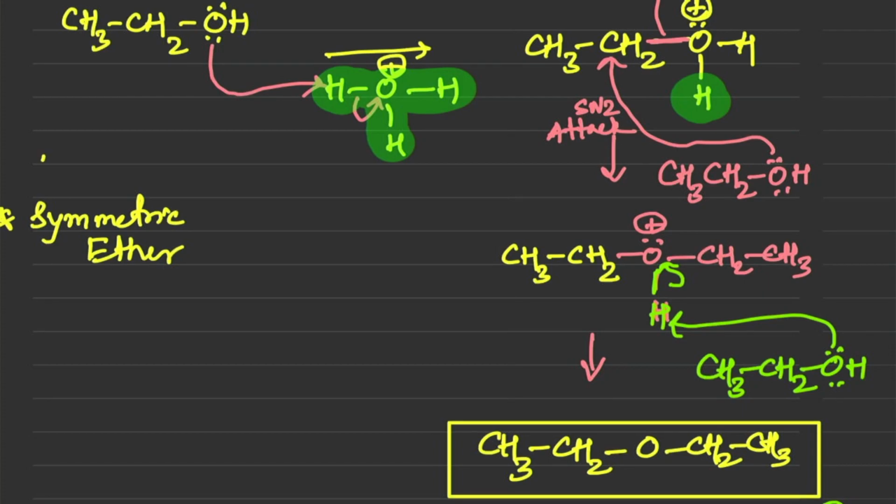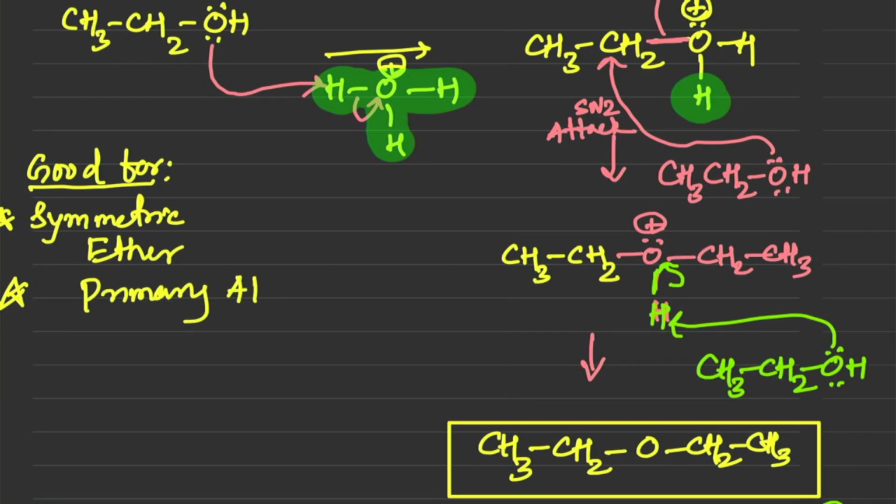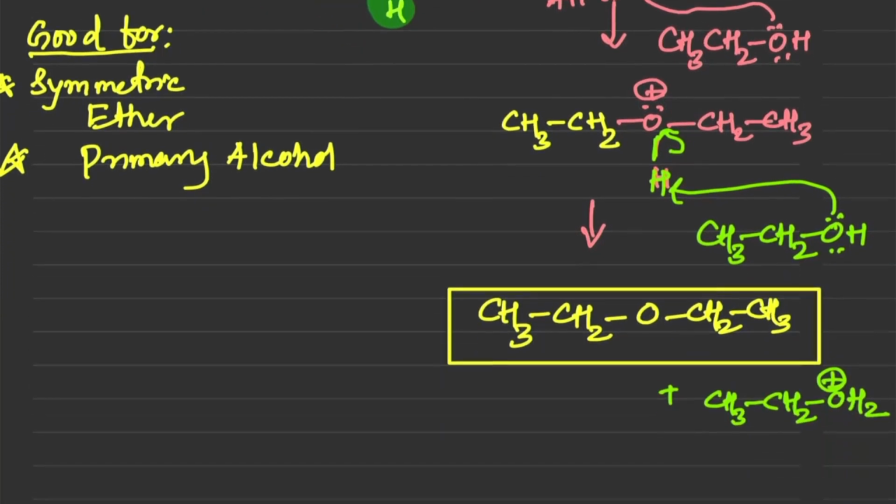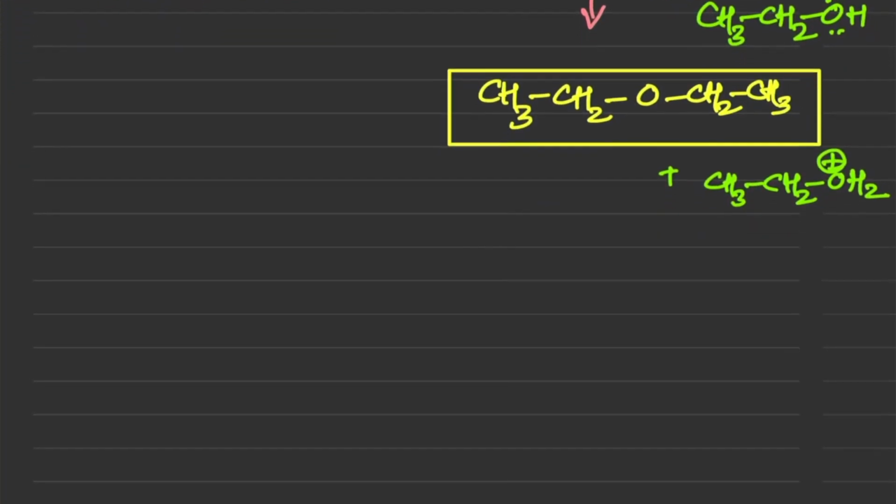This method is going to be good for primary alcohol as a starting material. With secondary, the yield could be very low. Tertiary, it won't happen. That's pretty much it.